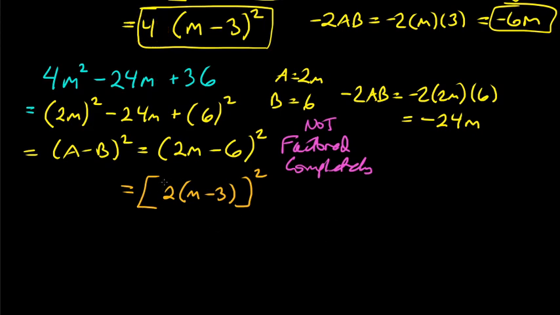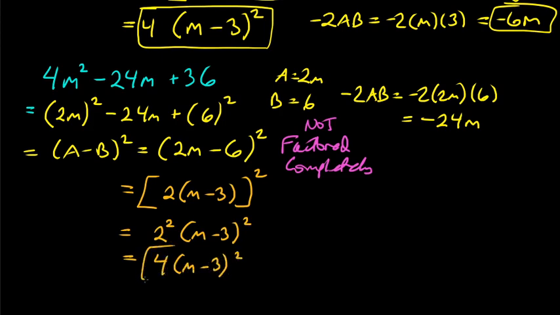Well, look at what we have here. We have 2 times m minus 3 squared. So what are we squaring? The m minus 3, but we're also squaring the 2 here. So this is going to be 2 squared times m minus 3 squared.